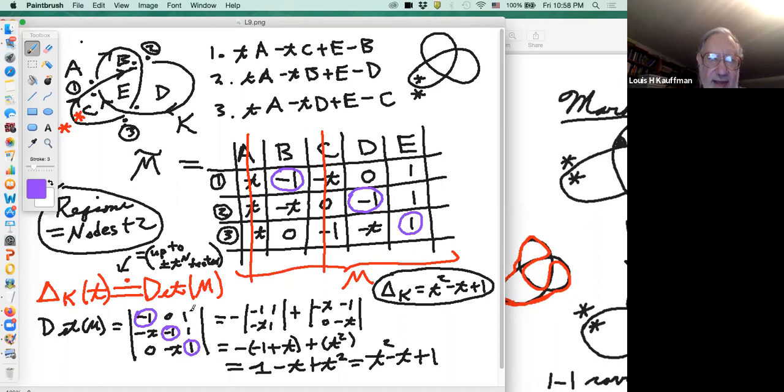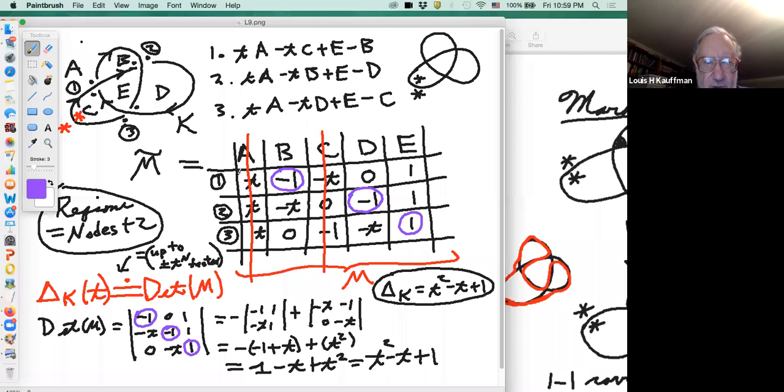And how do you say that combinatorially? You can say that B chooses 1, D chooses 2, and E chooses 3. Choice like that, where the choices are unique for each region.